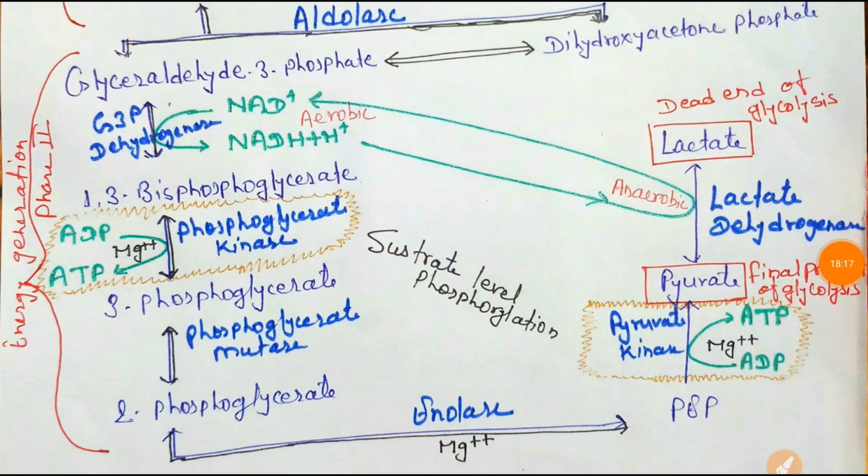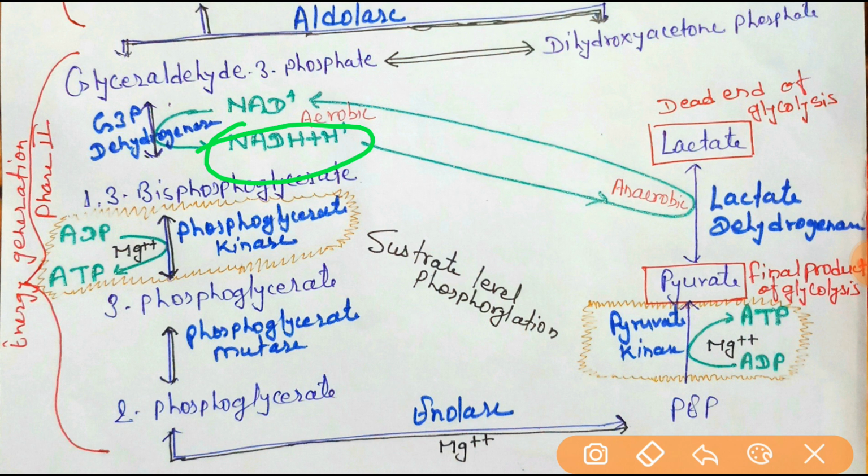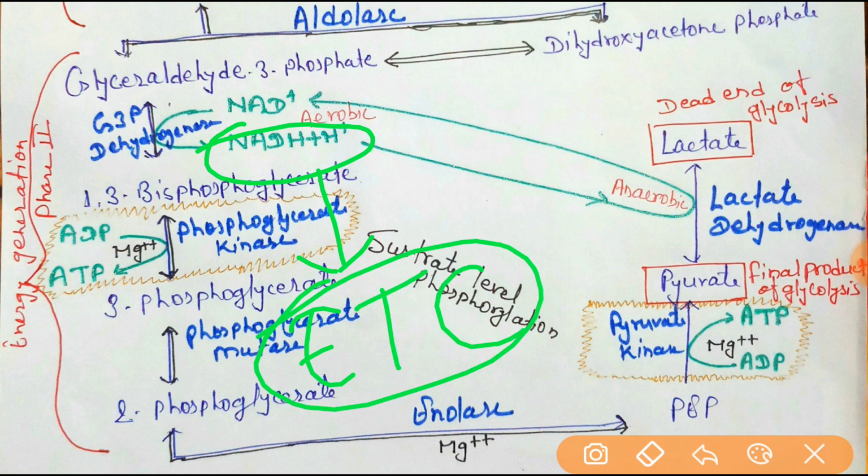And you have to remember all the enzymes, where ATP is utilized or formed, which is phase 1 reaction, which is phase 2 reaction, and what is the final product, what is the dead end. And next thing is that this NADH plus H plus is going to ETC, that means electron transport chain.